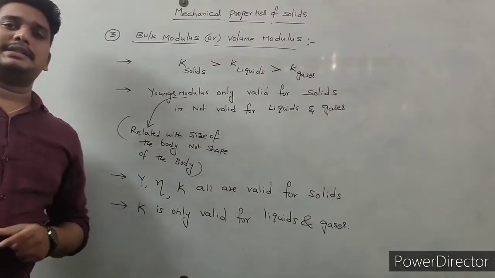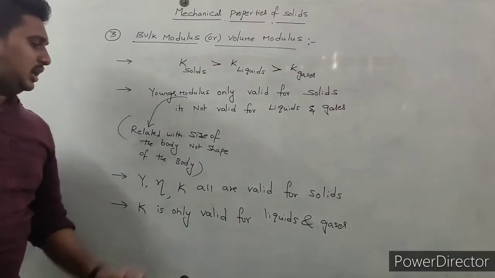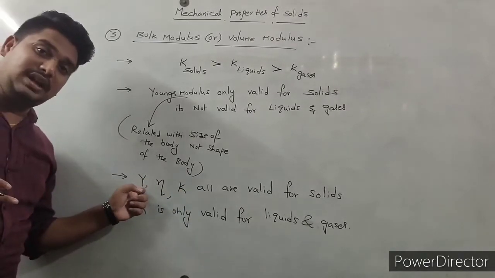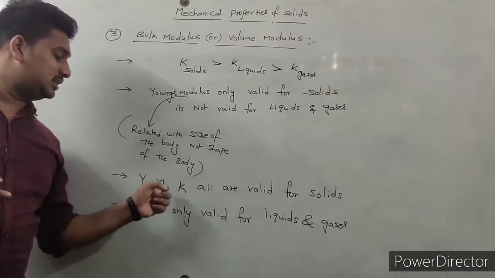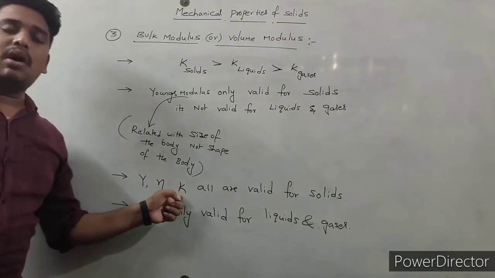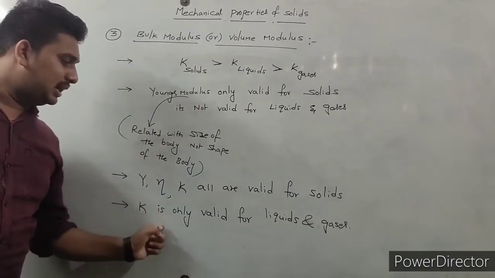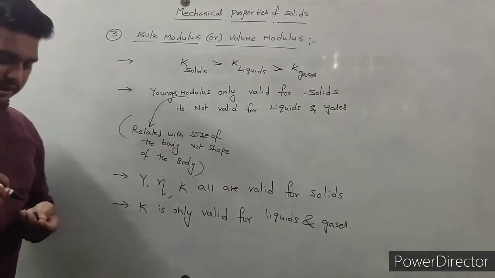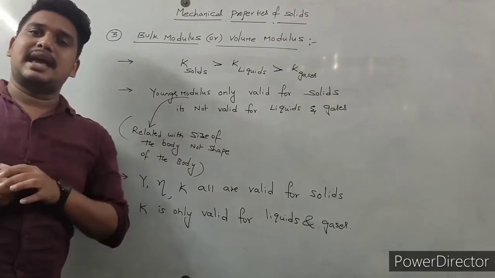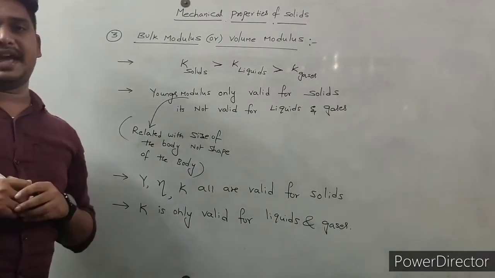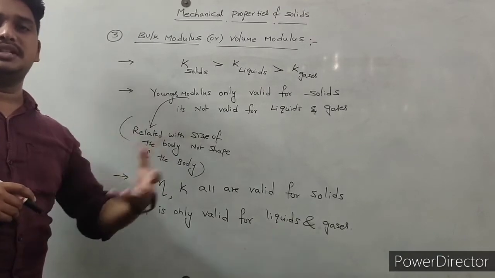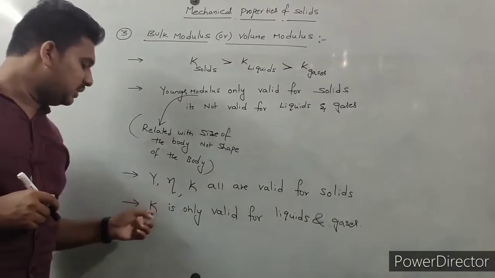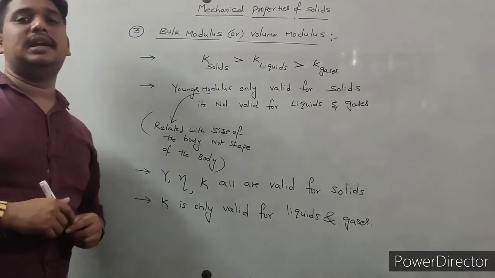So only liquids have the property of K. Solids have the properties Y, eta and K. Here Y means Young's modulus, eta means rigidity modulus, K means bulk modulus. Solids have these three moduli, but liquids and gases have only one modulus, that is bulk modulus, because liquids and gases have no fixed shape. Shape change is responsible for liquids and gases, and bulk modulus is responsible for shape change. So that's why K is only valid for liquids and gases.